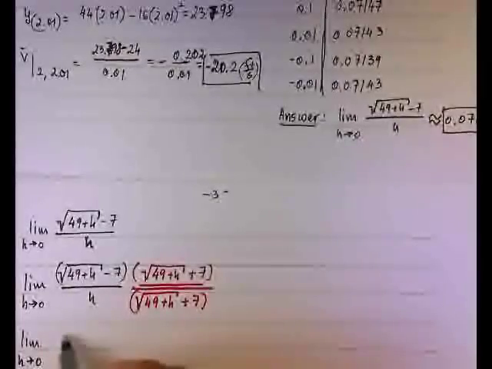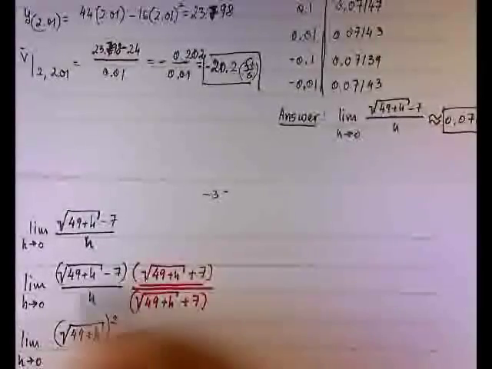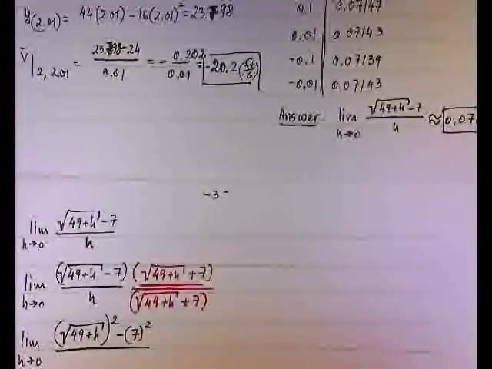So on the first part, we'll have the square root of 49 plus h, but we're going to square it, right? That will be a squared. B is 7, so we're going to square the 7.